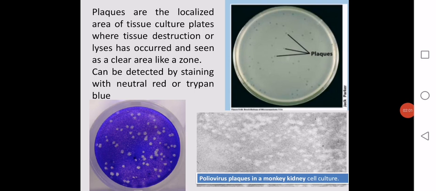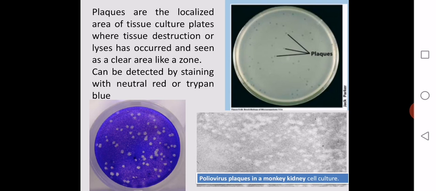So here you can see the plaques formed, the clear zones in a plate after the growth, and these clear zones indicate viral particles and their multiplication. These are nothing but the localized areas of tissue culture plates where tissue destruction or lysis has occurred, seen as a clear zone.